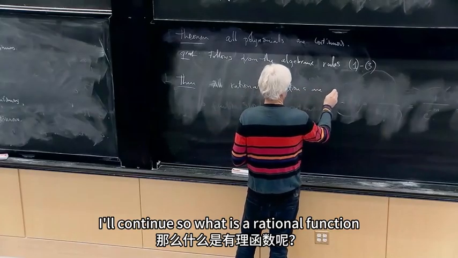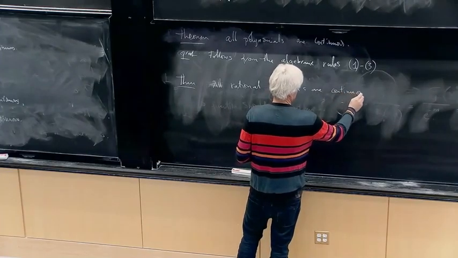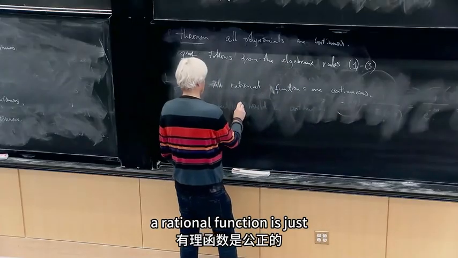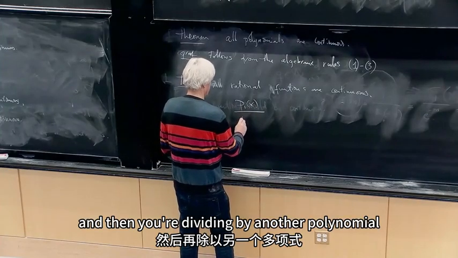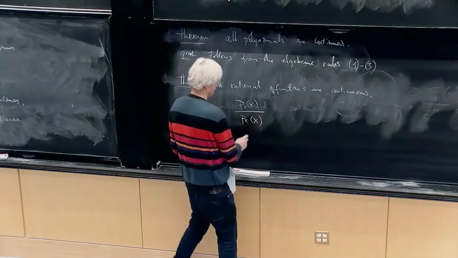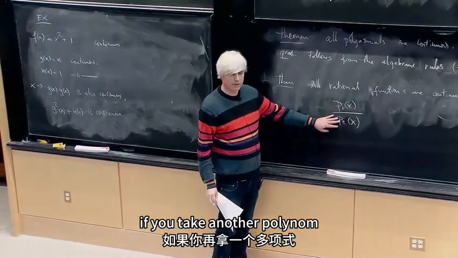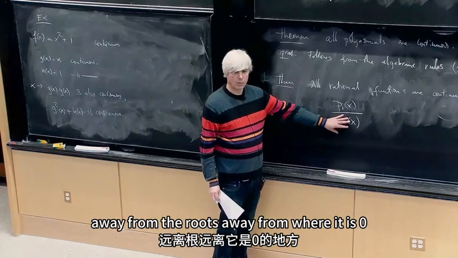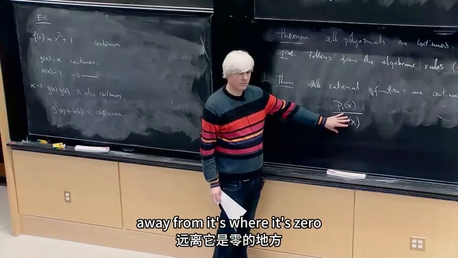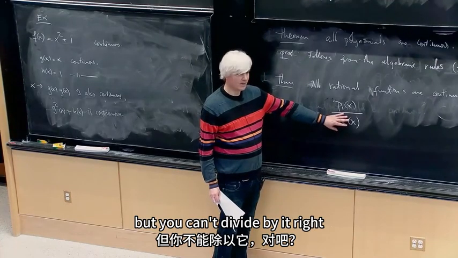So what is a rational function? A rational function is just where you're taking a polynomial and dividing by another polynomial. We know that any polynomial is continuous. If you take another polynomial, and look at it away from the roots, away from where it is 0, then, it's of course even continuous where it's 0, but you can't divide by it.